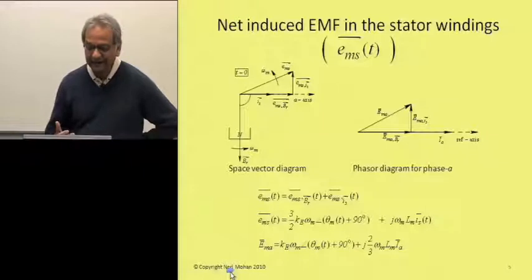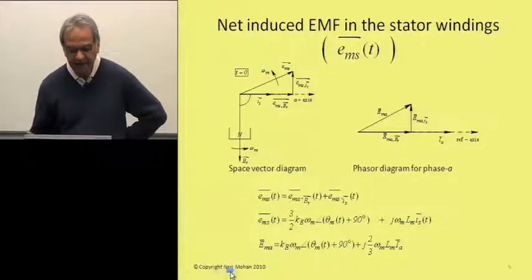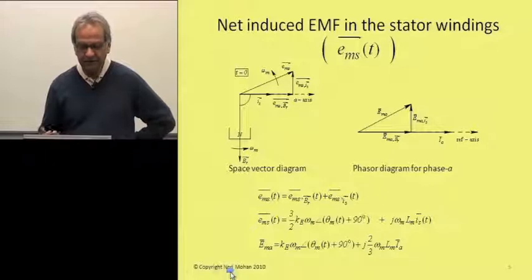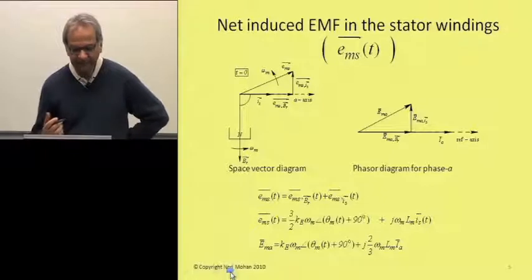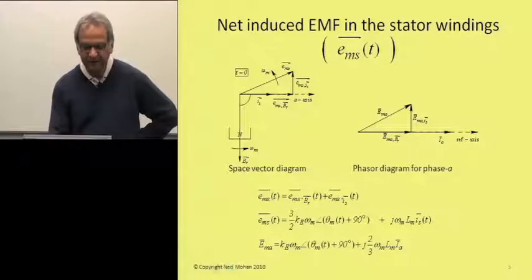Now, the net induced EMF is the sum of the two, and we are showing this under this optimum operating condition where the current space vector is 90 degrees ahead of B sub r space vector as shown over here. All right.